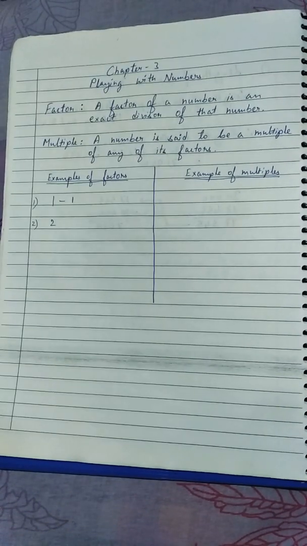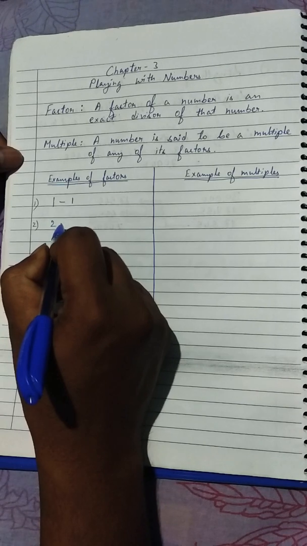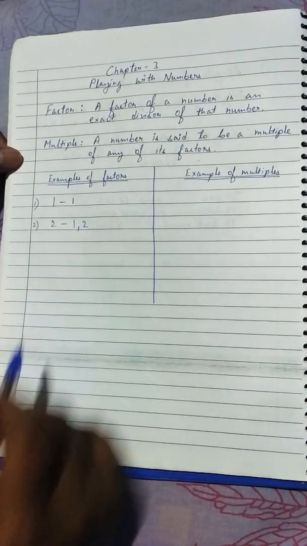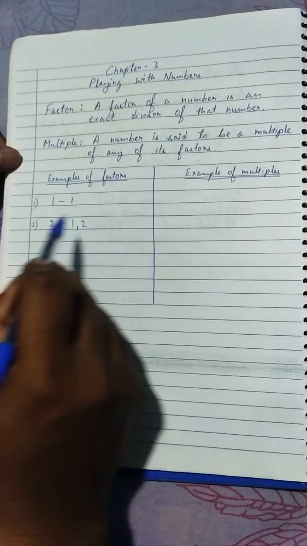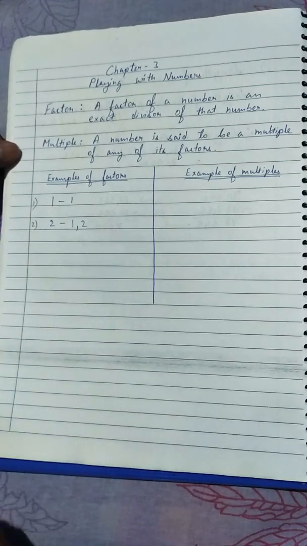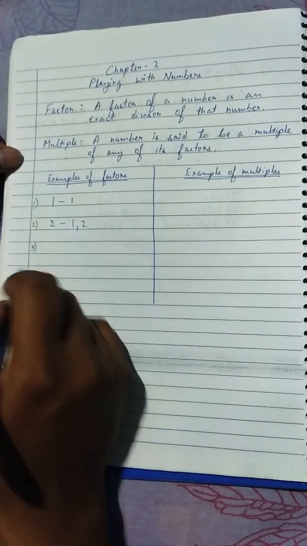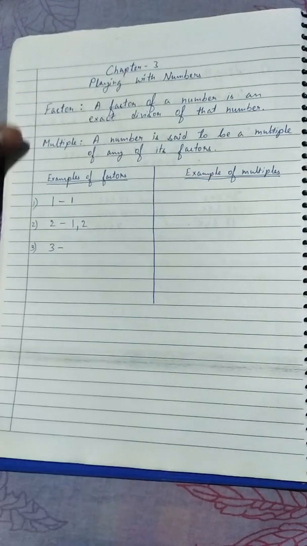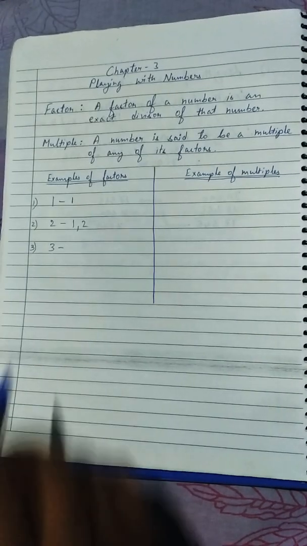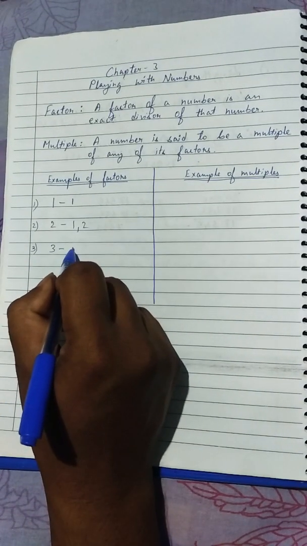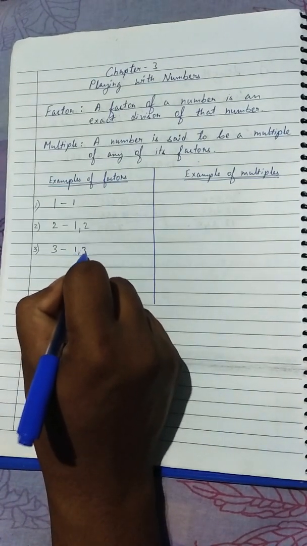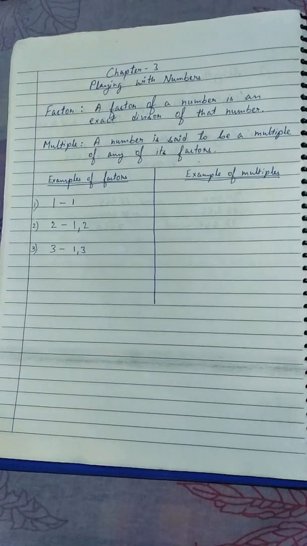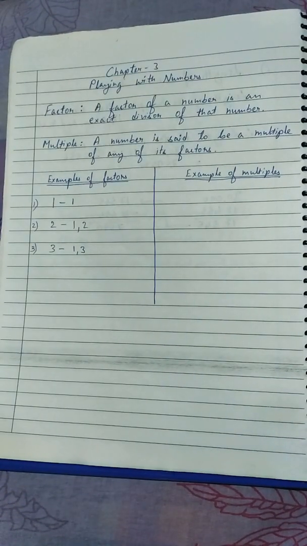The factors of 2 are those numbers which can divide 2, that is 1 and 2, because 1 can divide 2 and 2 can also divide 2. Third example, suppose 3. Which are the numbers which can divide 3? There is only 1 and 3 that can divide 3. So the factors of 3 are 1 and 3.